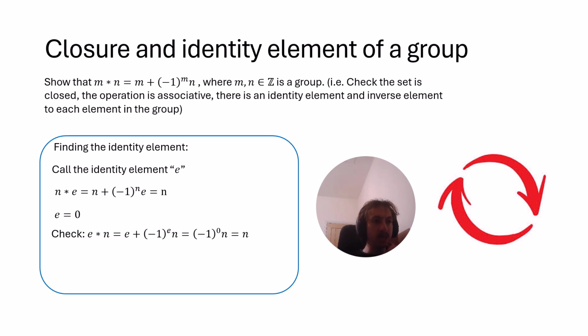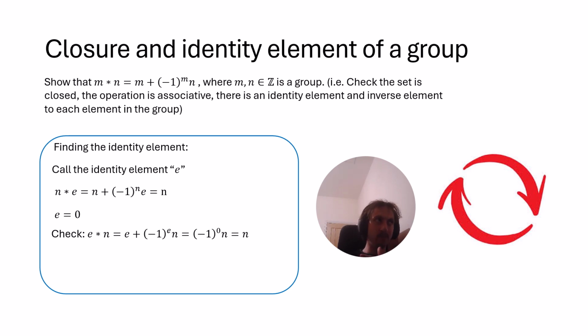We're now going to check whether the group is closed. However, I'm going to use the fact that, clearly, if m is an integer, then m plus minus 1 to the power m times n is going to have to be an integer. Because depending on whether m is odd or even, m star n is either going to give m plus n or m minus n.